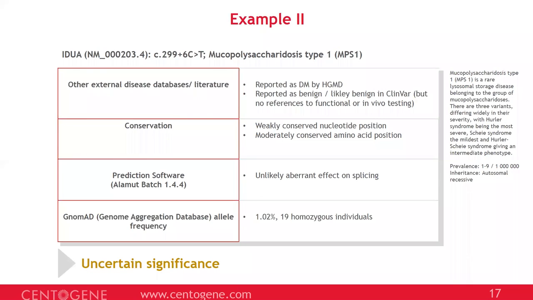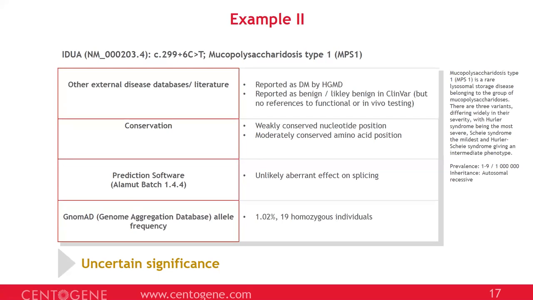My second example is an intronic DNA change, which leads to a substitution at position +6 in the intron 2 of the IDUA gene. It's a substitution of C to T. The IDUA gene is known to cause mucopolysaccharidosis type 1 disease, which is as well a rare lysosomal storage disease and inherited in an autosomal recessive manner.